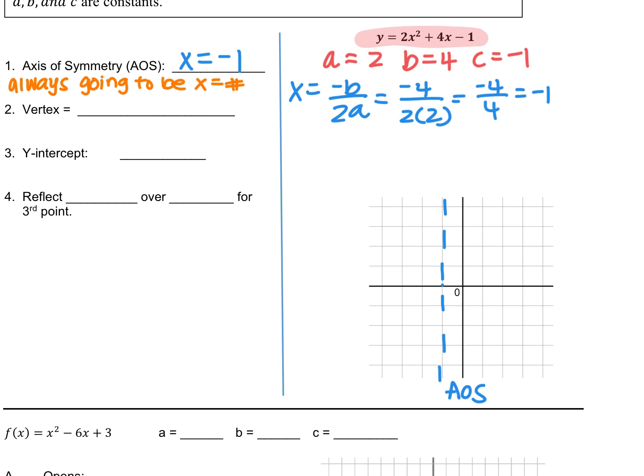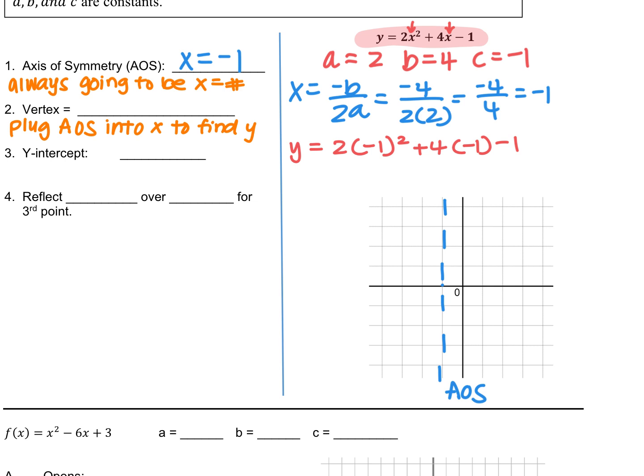For the vertex, we are going to plug the axis of symmetry into x to find y. What that means is into the x of our equation. We have an equation up here, y equals 2x squared plus 4x minus 1. So we're going to do y equals 2 times -1 squared plus 4 times -1 minus 1.